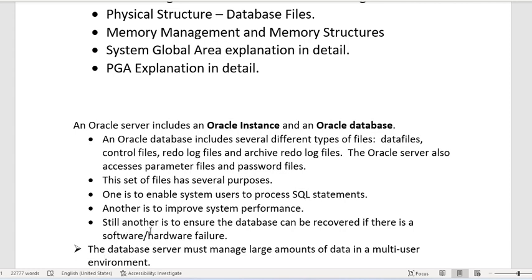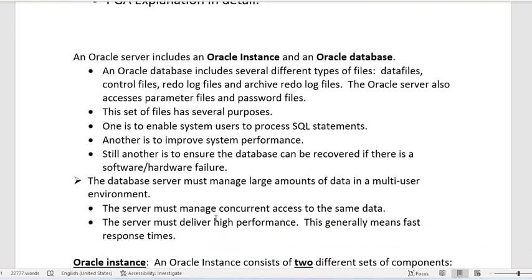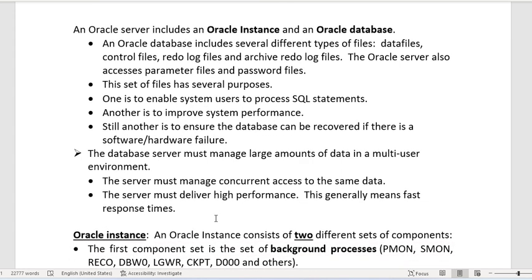The next purpose is to improve the database system performance. If you have an understanding of each component, you will understand where we need to focus to improve our system performance. The database must manage a large amount of data in a multiple user environment.